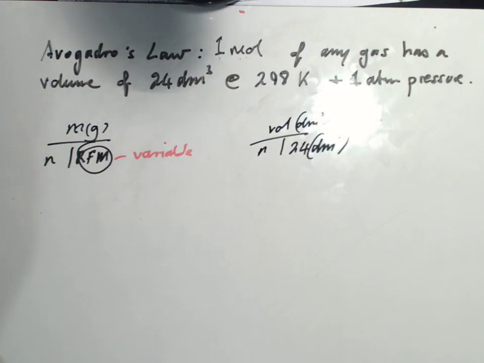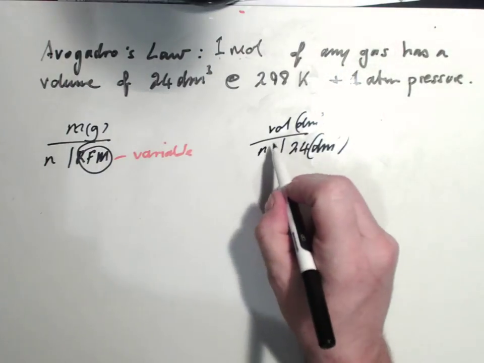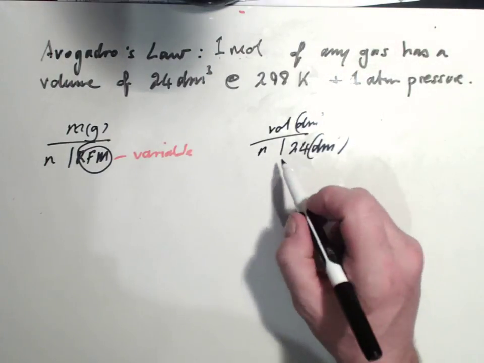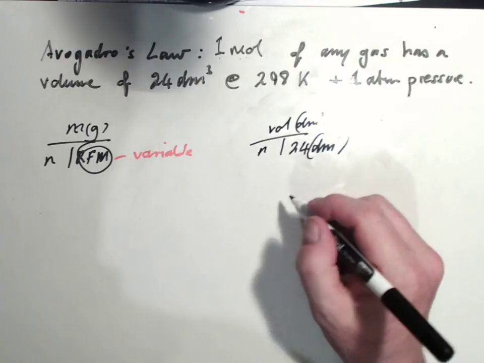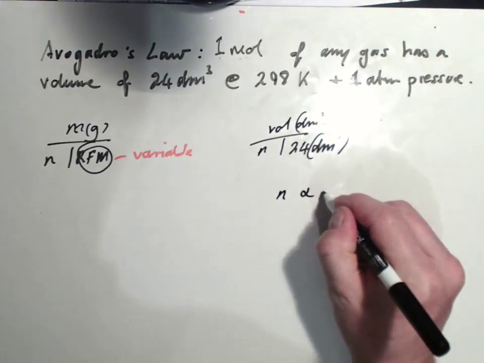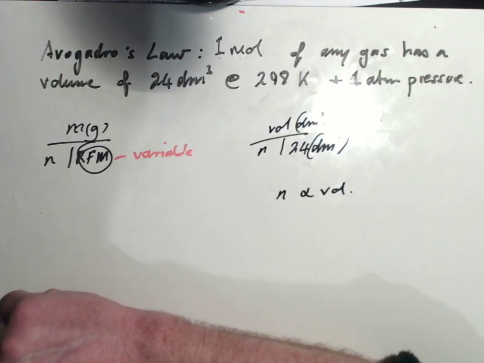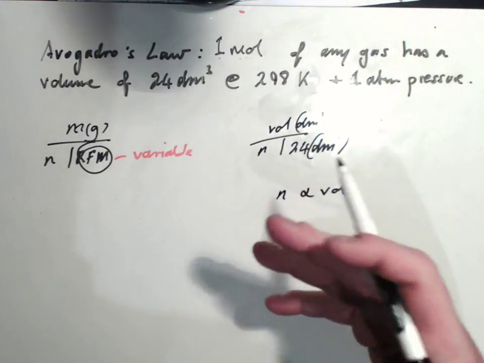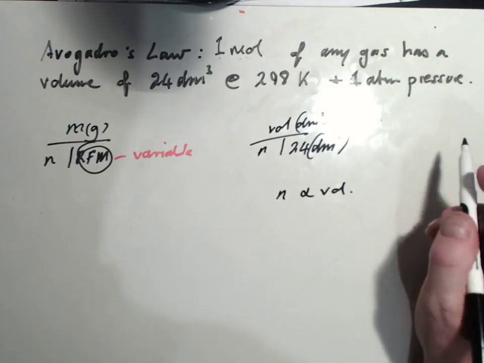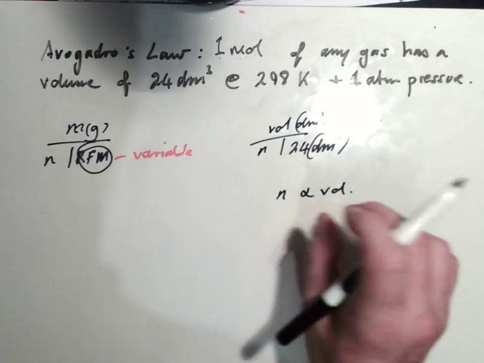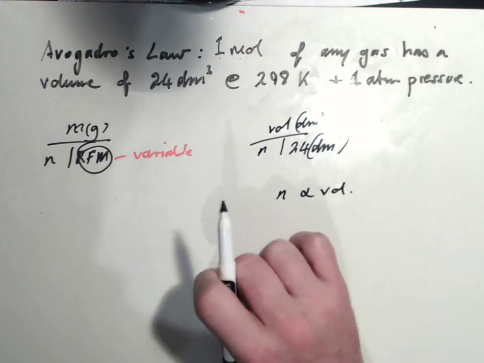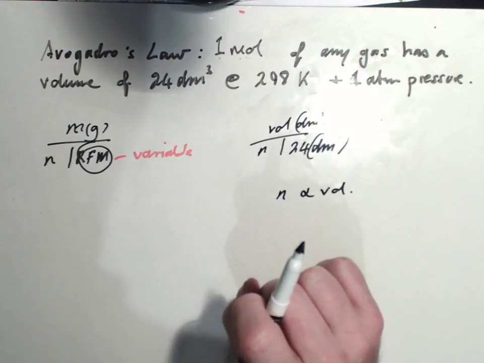Therefore the number of moles is directly proportional to the volume. So if I know the volume of two gases, then I can tell the moles ratio of those two gases to each other.